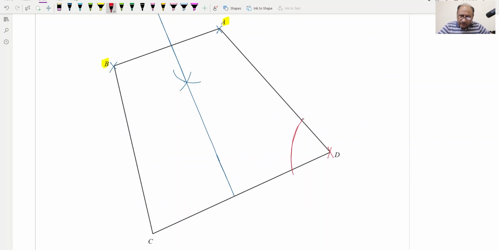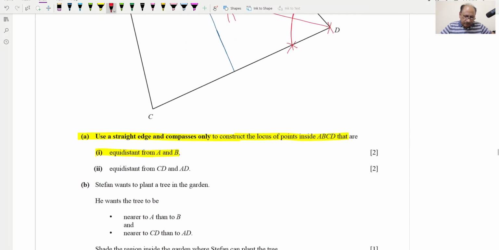After drawing this arc we will keep our compass at this point and this point, and draw arcs like this and this one. I will redraw like this and this, and we can draw the angle bisector. So roughly this one will be the angle bisector which we have drawn. Now after this, what is next? So this part also we have done.